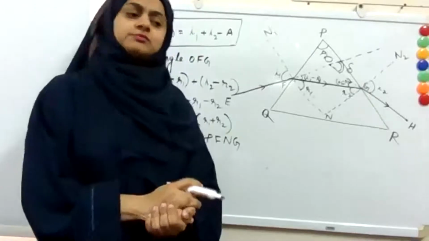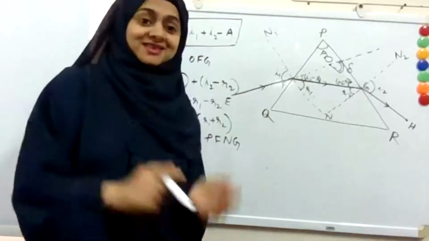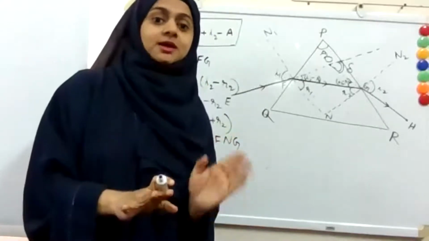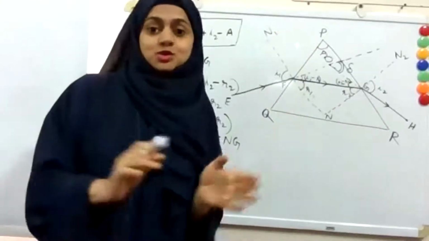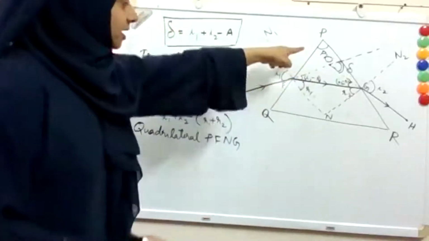The sum of all angles inside a triangle is 180. Inside a quadrilateral, 90, 90, 90, 90, so it will be 360. Let us write that.